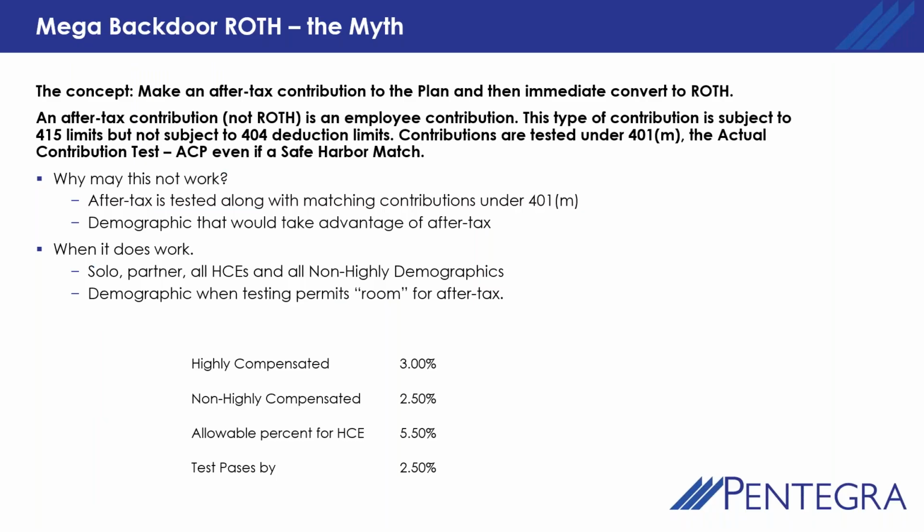So the test passed with a disparity of 1.5%. So in that instance, your highly compensated would be able to put in 1.5% of after-tax contribution, and there wouldn't be any failures. So that amount of contribution would be allowed and then converted.